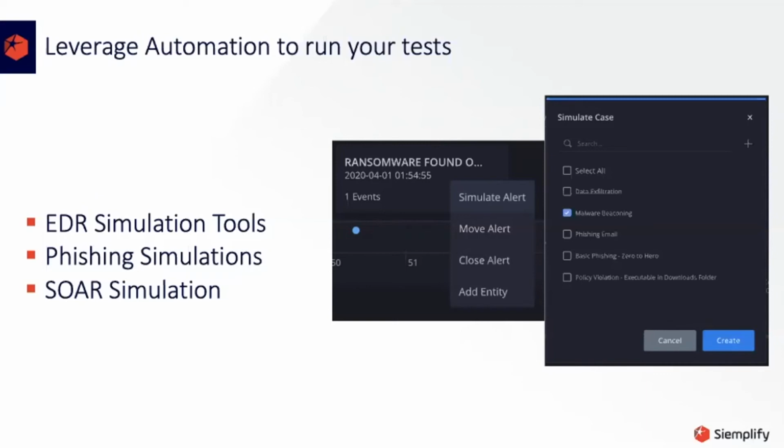So what you want to be able to do is go and look at what you already have, look at the alerts that you're already getting, and identify some that are meaningful, that would be worthwhile having your team test against. One of the ones that we talk with our customers about is a ransomware event. Why is that?